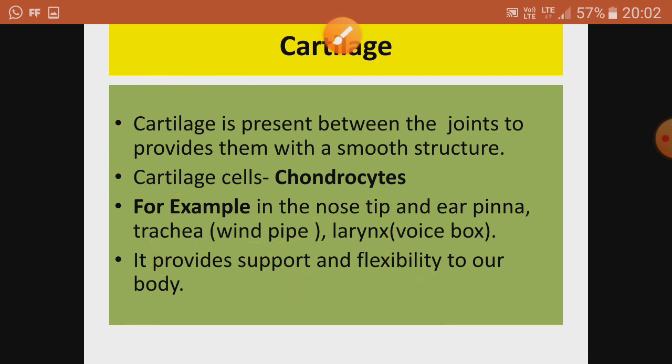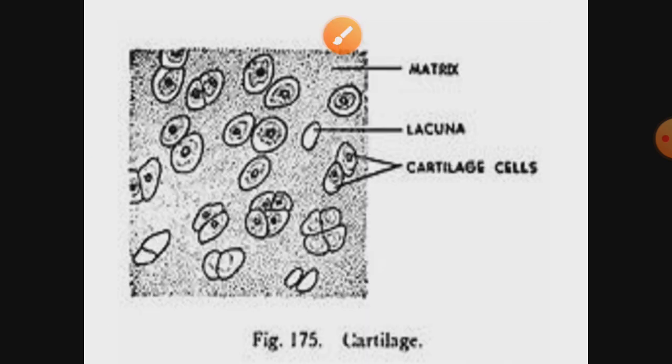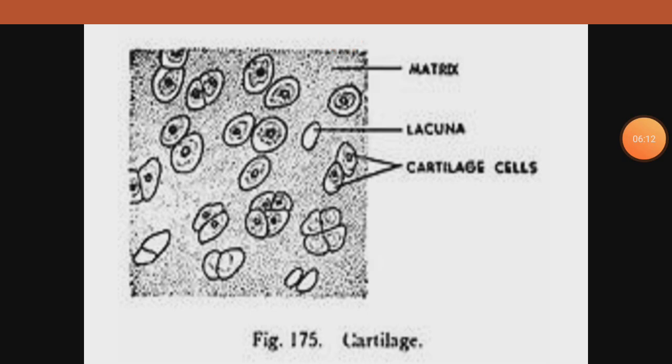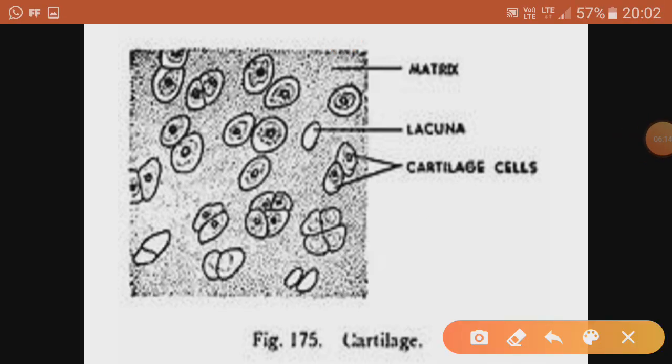This is how cartilage looks, the internal structure of cartilage. Now you know the bone cells were irregular like this, but if you see the cartilage cells, they may be in groups of 2s, in groups of 4s, or they may be single also. They are called chondrocytes.